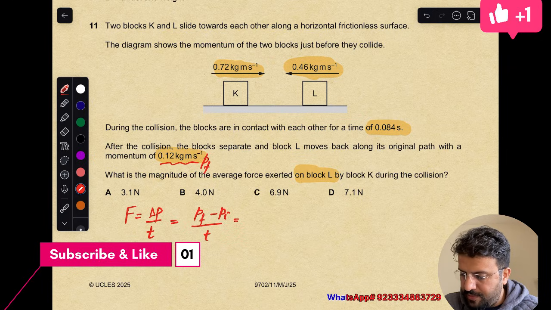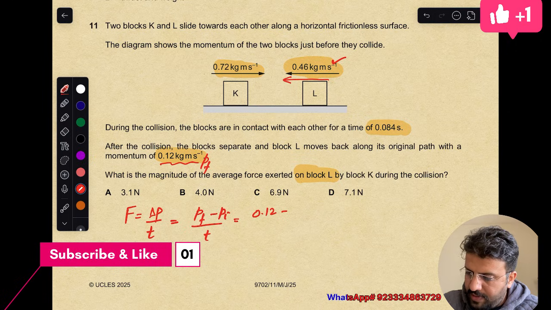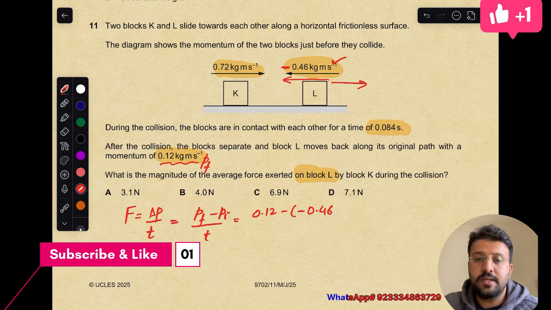This is the final momentum of block L, so this is 0.12, minus the initial momentum. If this block is moving in this direction initially, after collision it will move rightward. So I'm taking rightward direction as positive, so the initial momentum will be taken as negative. So this is negative 0.46.